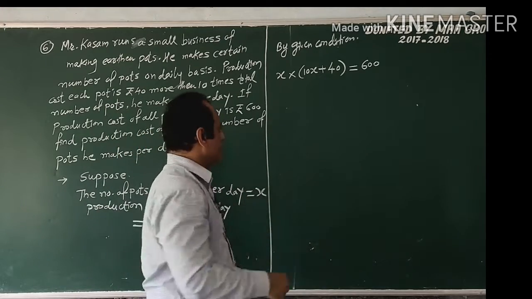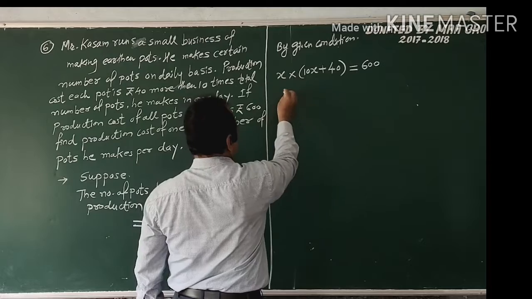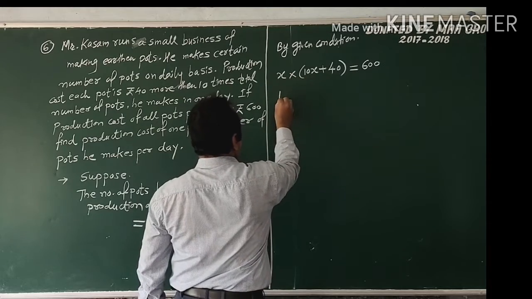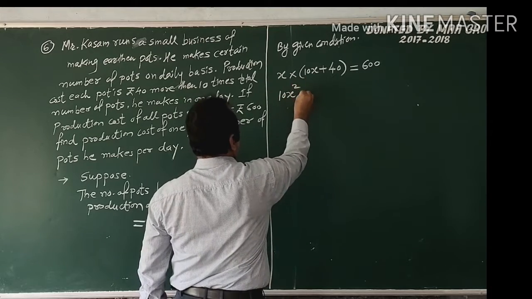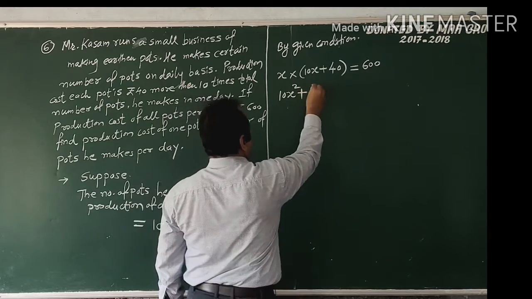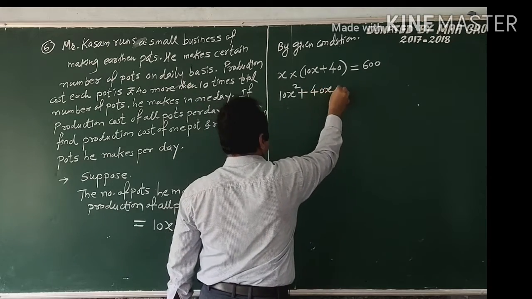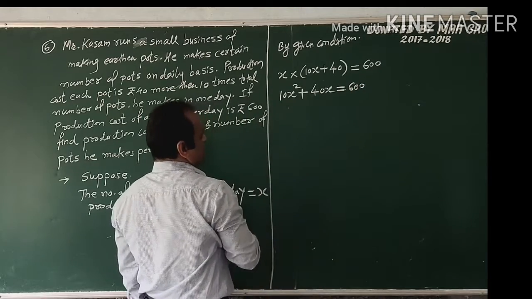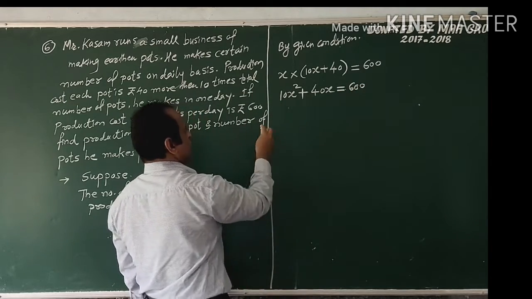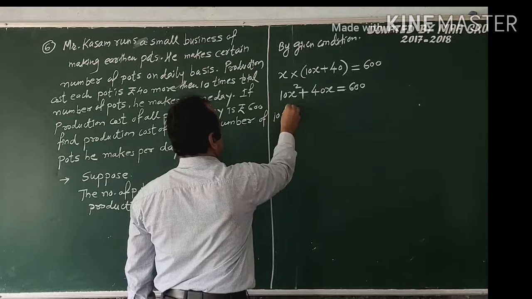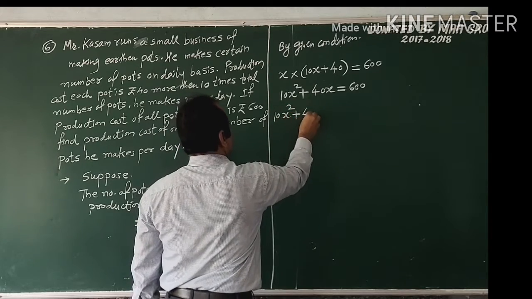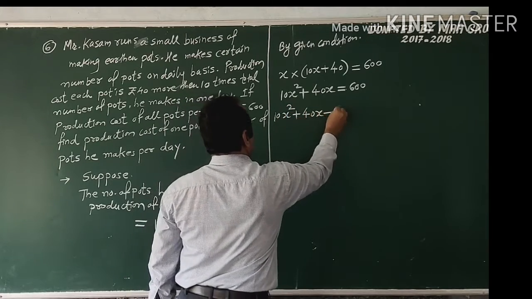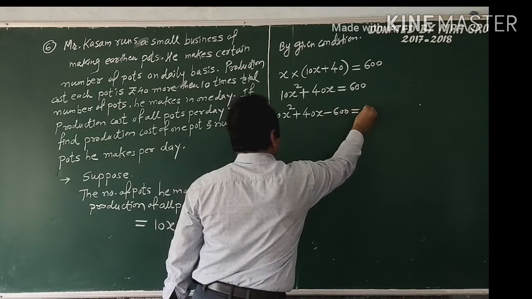Let's expand. Multiplied by x in the bracket, 10x into x is 10x square, plus 40 into x is 40x, is equal to 600. Now take 600 to this side, it becomes 10x square plus 40x minus 600 is equal to 0.